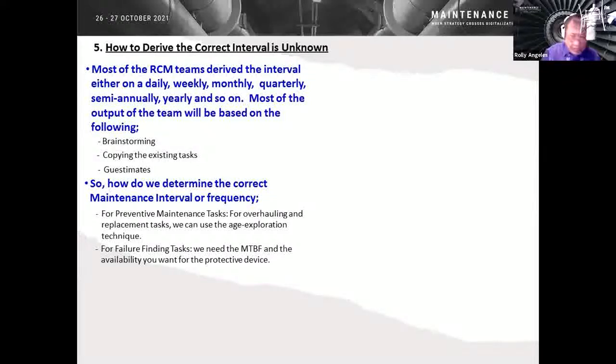But if we have a protected device which has some redundancies in the component, then we can aim for a much lower availability, let's say 99 or 95%.